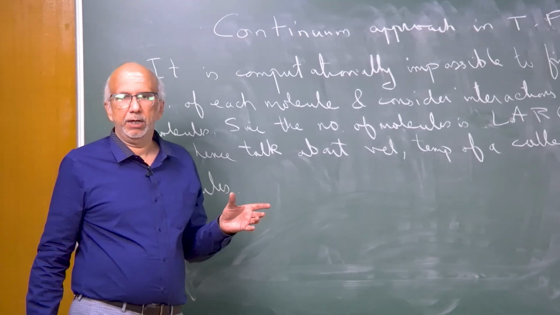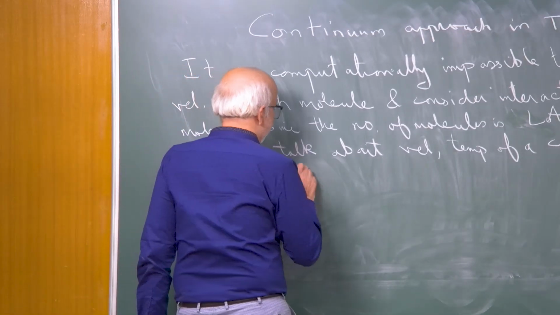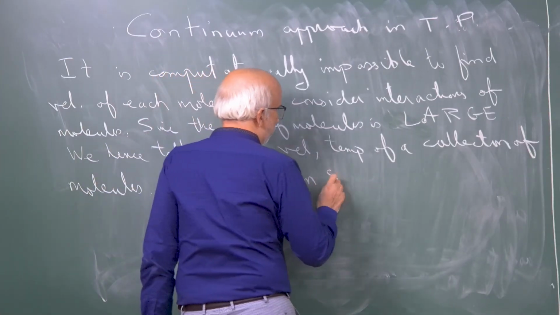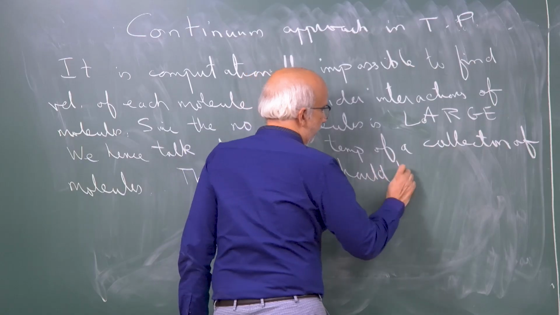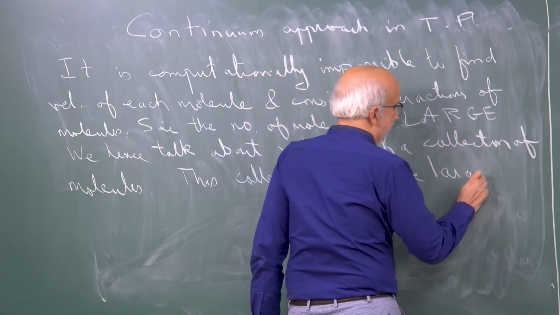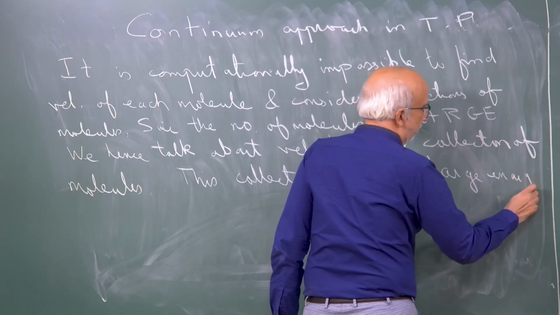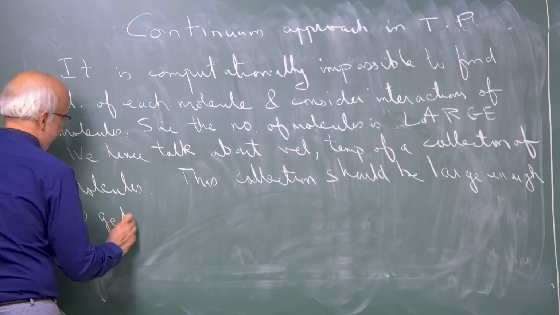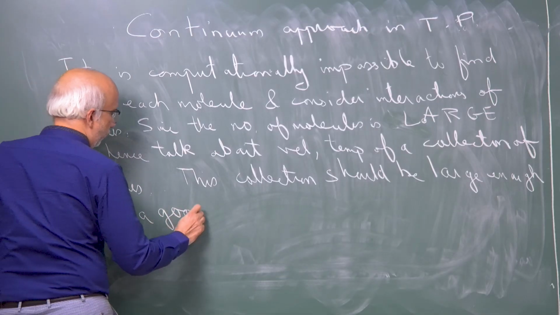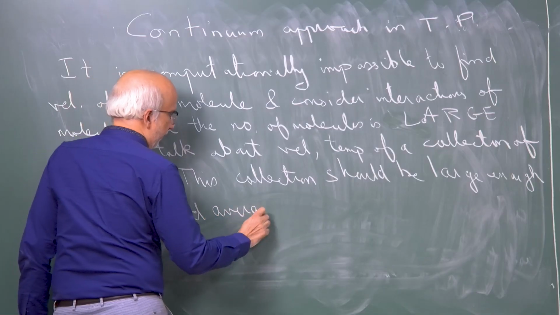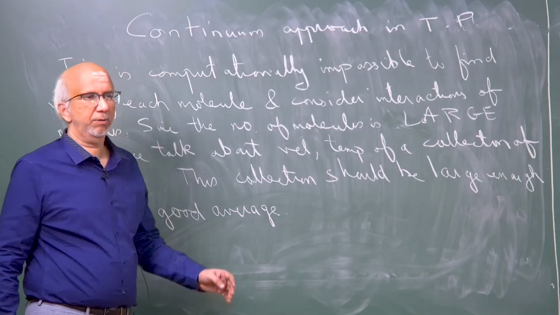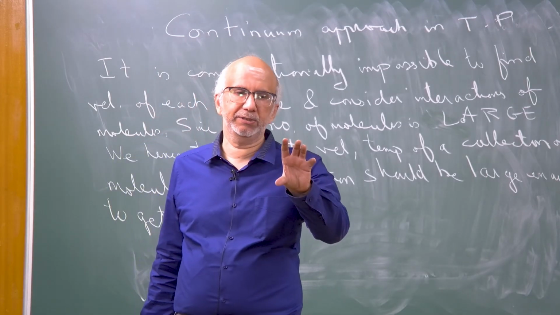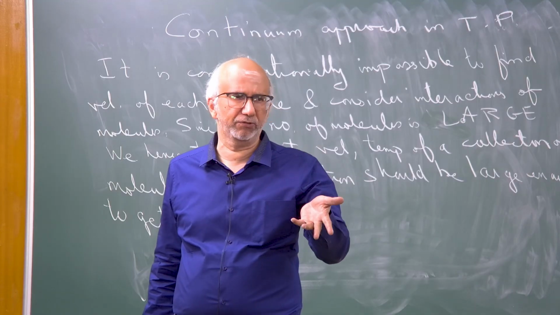Now this collection should be large enough to get a good average. So you might say, look, I'll take 100, a small size, and see the average, take 200, see the average. If it's not much of a difference, then it's good enough.